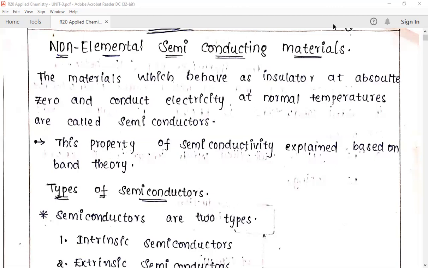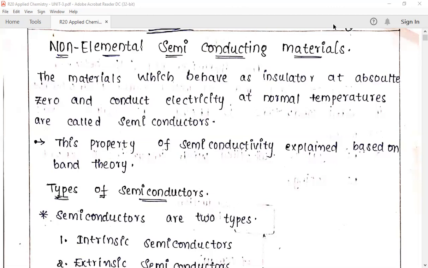A semiconductor is a material which behaves as an insulator at absolute zero and conducts electricity at normal temperature. That means the same material behaves as an insulator at absolute zero and as a conductor at normal temperature.